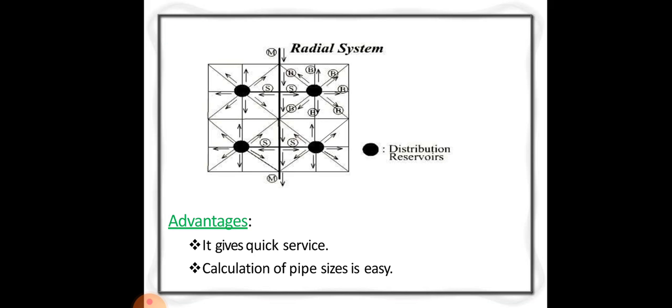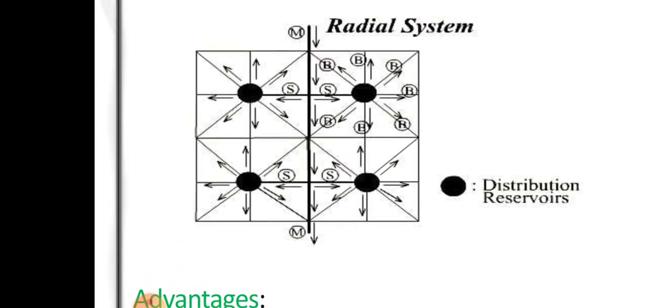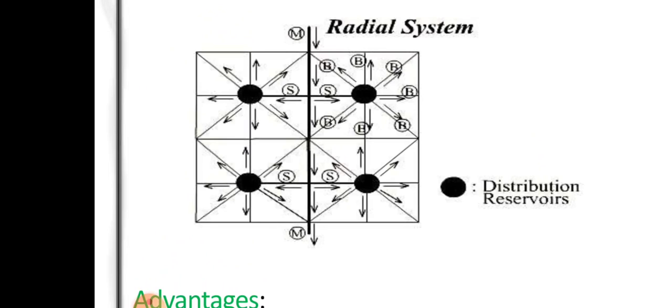So here you can see in the figure, this represents a radial system, and that big dot represents the distribution reservoirs. In this system, the whole area will be divided into a number of distribution areas or districts, and each district will have a centrally located distribution reservoir.